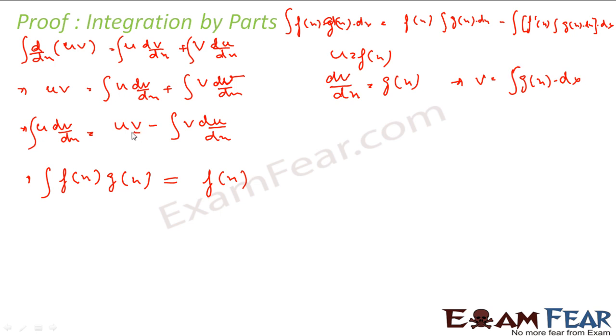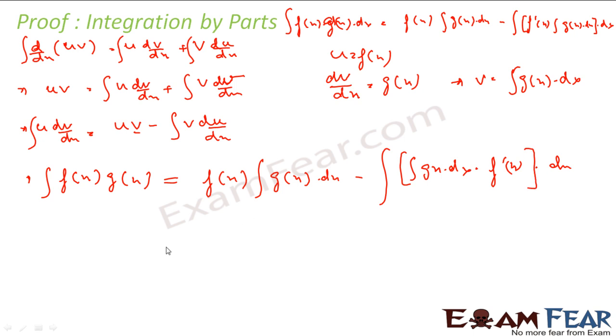So v will be integration of g(x) dx, minus integration of v du by dx. V is integration of g(x) dx, into du by dx, which is f'(x), and the whole thing is integrated once again. Correct? And that is what my formula says.